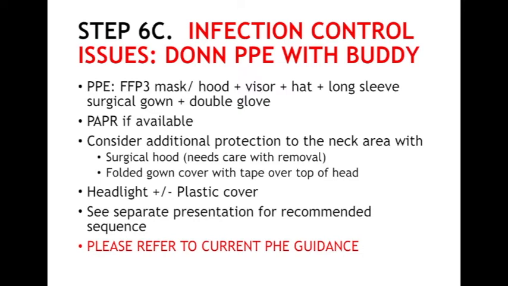Once the team has finished the surgical briefing, only at this point should PPE be donned with the buddy system. As for all aerosol generating procedures, this should include an FFP3 mask, visor, hat and long sleeve surgical gown with double gloving.